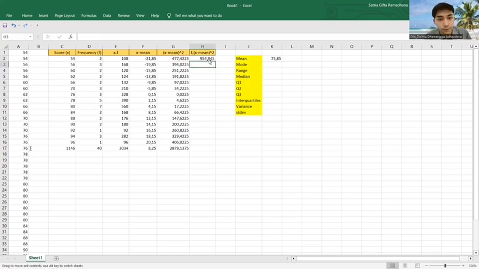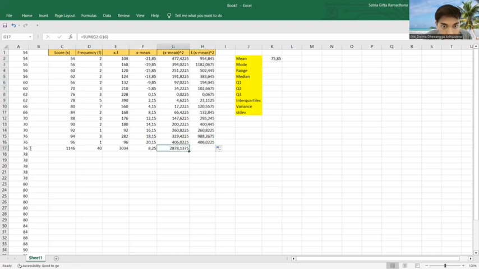Now we already have the first frequency times x minus mean square. And then just do like this again. And like this. So we already have the sum of the frequency times x minus mean square.